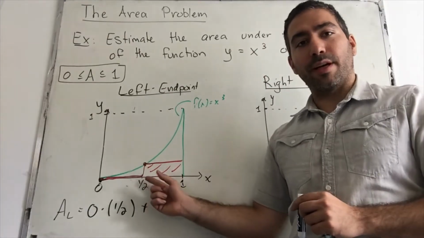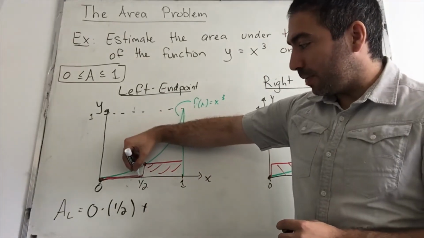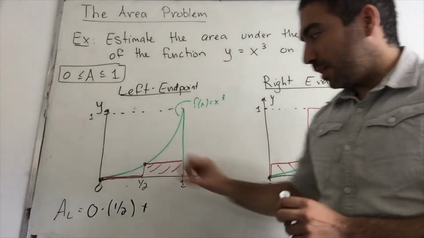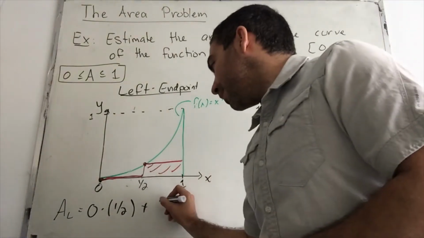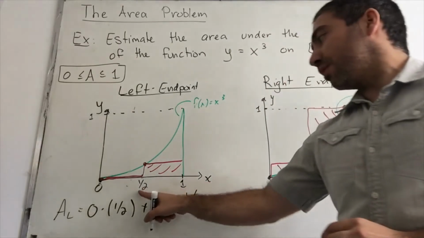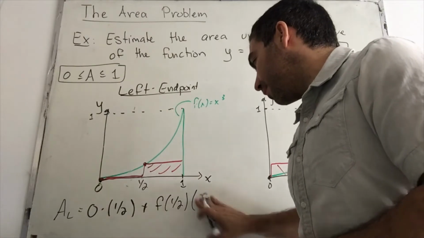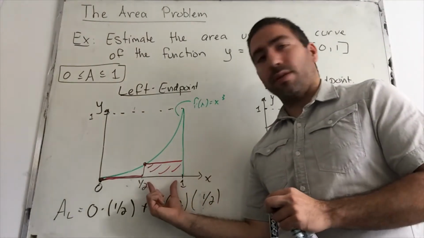We have to find the height. How do we find the height? Well, the height is the y value when x is a half, because that's when it hits the function. So what we have is f of a half times the distance from a half to 1, which is a half. The width of the rectangle is a half.